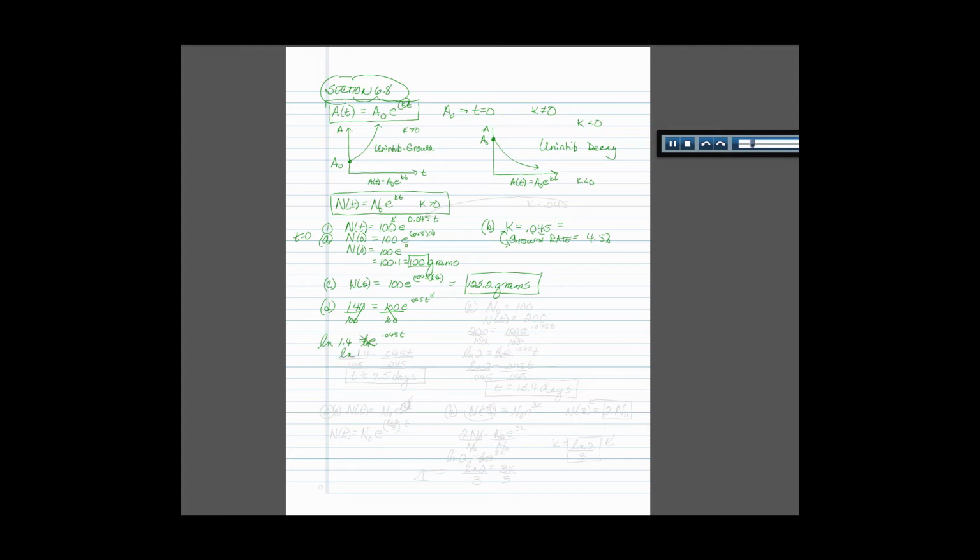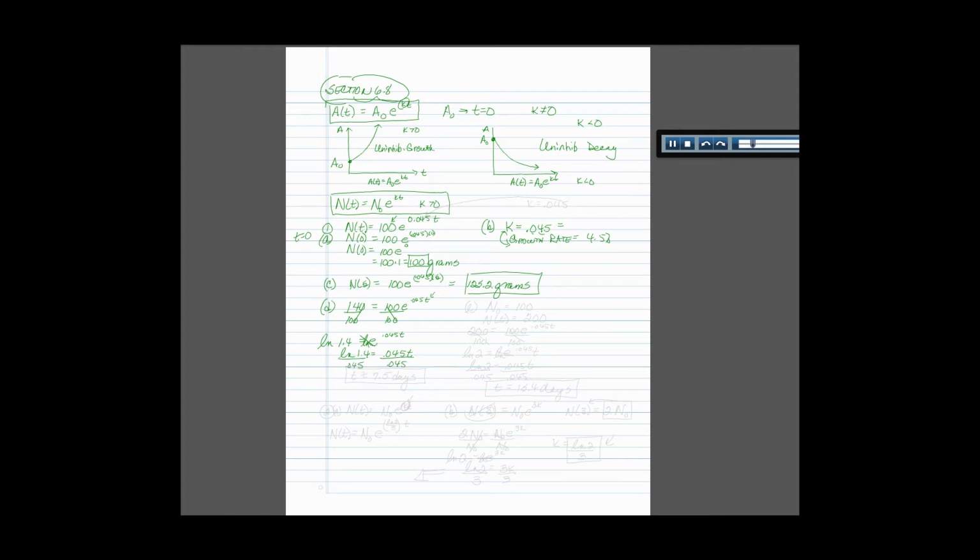And you have ln of 1.4 equals 0.045t. I just wrote it now really as an exponential, from an exponential to a logarithmic. That's all we did when you do that. And now all we have to do to get t is divide by 0.045.